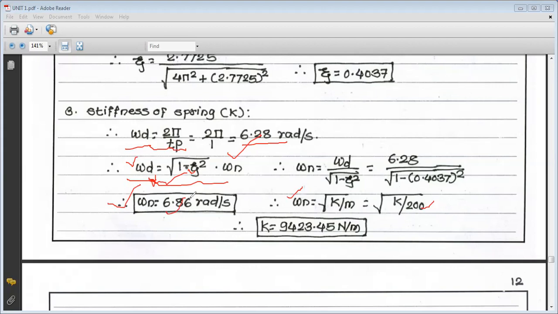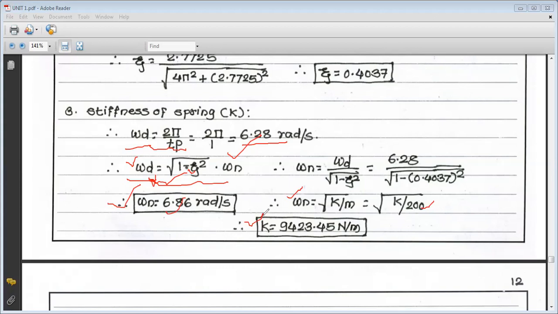So after putting these values, we can find the stiffness of the spring, and that stiffness is 9423.45 Newton per meter. Now we have found first the logarithmic decrement, then the damping ratio, and third the spring stiffness.